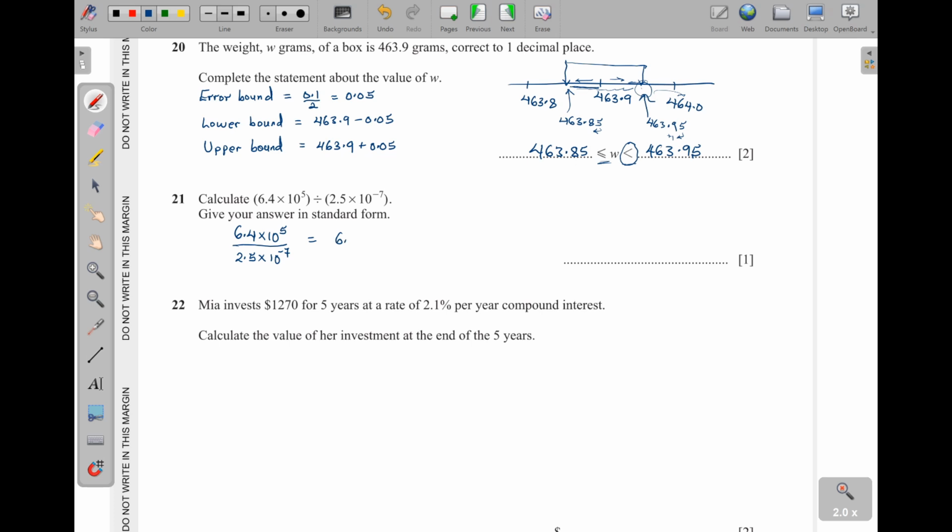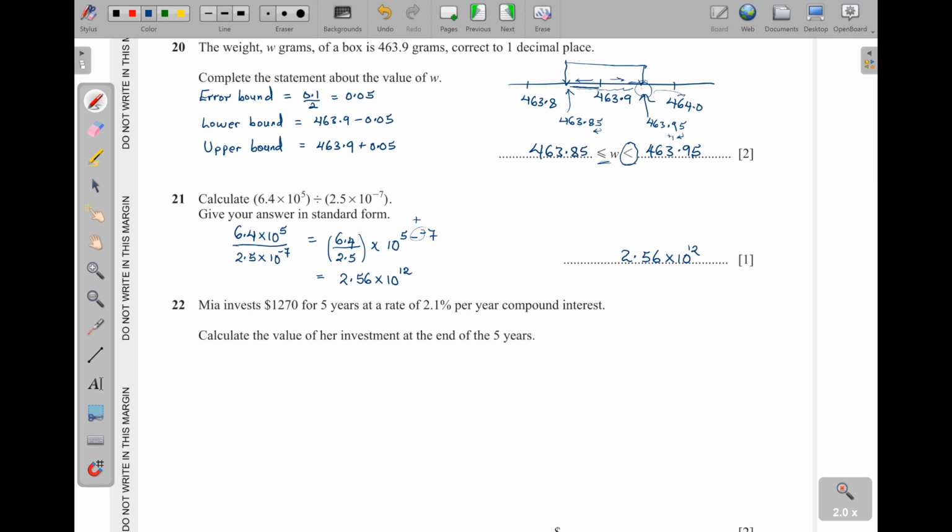So I'll have 6.4 divided by 2.5, then I multiply by the powers of 10, so this will be 10 to the power 5 minus -7. For that case, we are going to get 2.56, then times 10 to the power 12, because these powers will add up. So that will be our answer, which is 2.56 times 10 to the power 12.